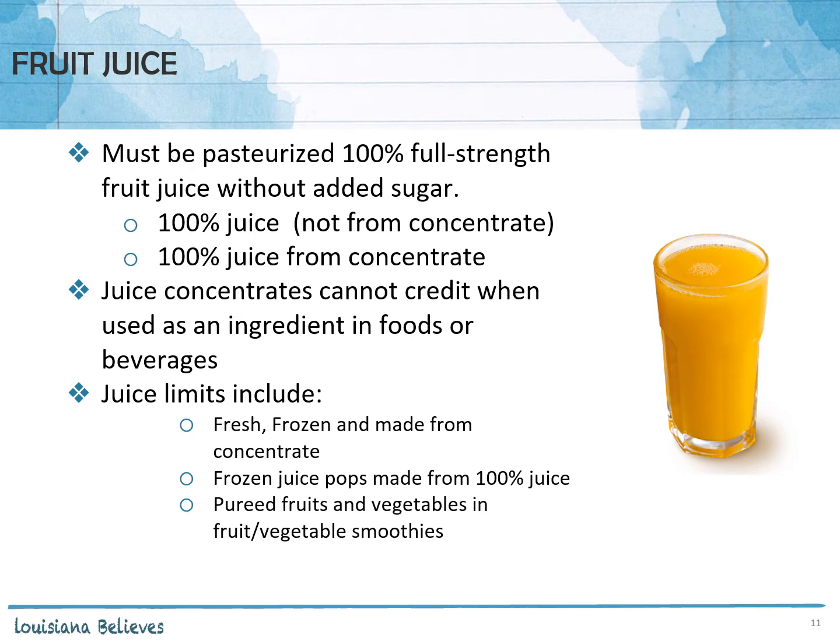This includes juice that is fresh, frozen, or made from concentrate, frozen juice pops made from 100% fruit juice, and pureed fruits or vegetables in the fruit-vegetable smoothies. Canned fruit in light syrup or water does not count towards the weekly juice limit.